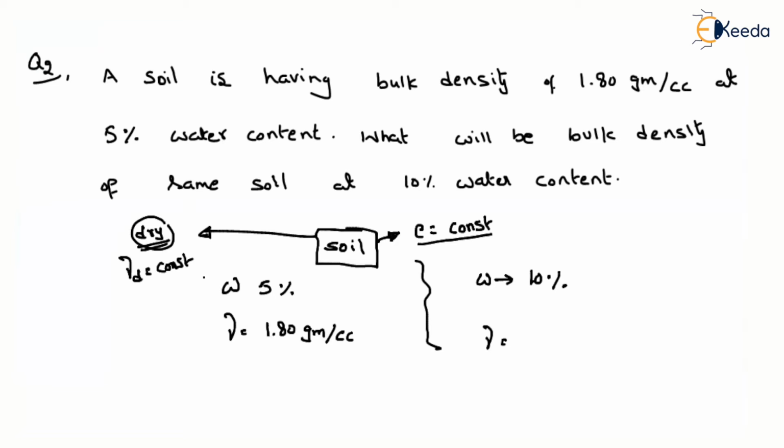Now, let us think about the relationship between these two. Is there any relationship between the dry density and the bulk density? Then we may obtain it like dry density equals bulk density divided by 1 plus w. From the present condition, we have observed that your gamma d is constant.